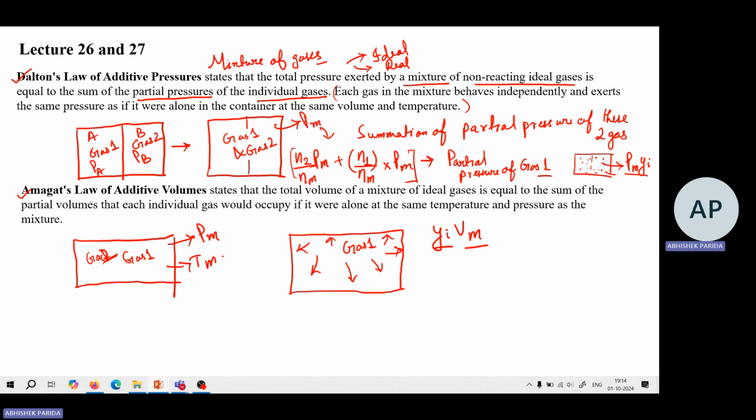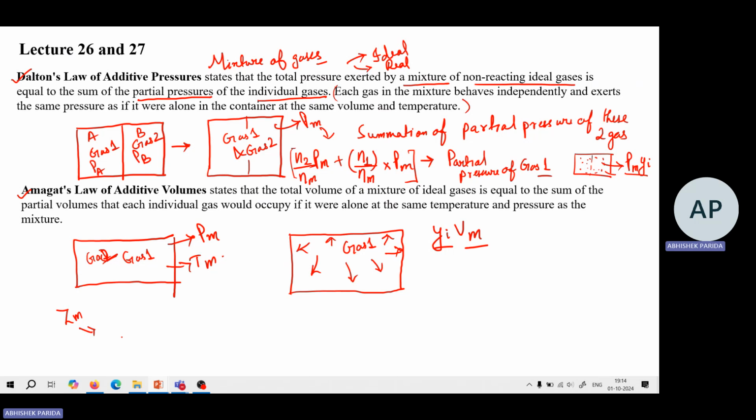Now, apart from that, what are the things that were discussed? These two laws are also valid for real gases as well, but there will be some inaccuracies, and for that we need to find the compressibility factor. How do we find the compressibility factor?